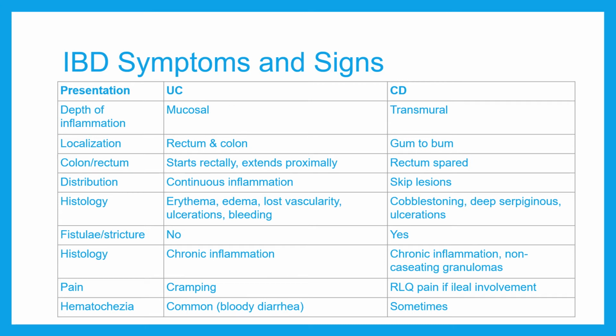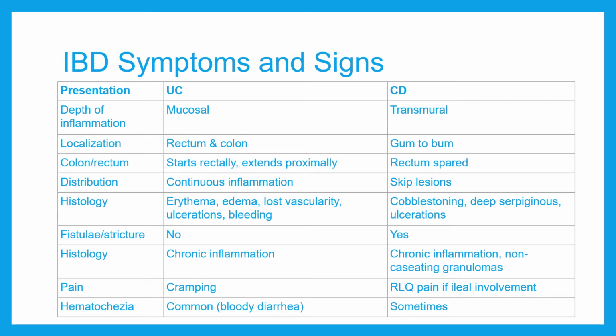Anyways, according to that analogy, chronic Crohn's disease affects the inflammation transmurally, which implies throughout the entire thickness of the GI tract wall, while ulcerative colitis only affects down to the mucosal layer. UC is also quite localized to the bum part, or rectum and the colon, while Crohn's disease affects throughout gum to bum.